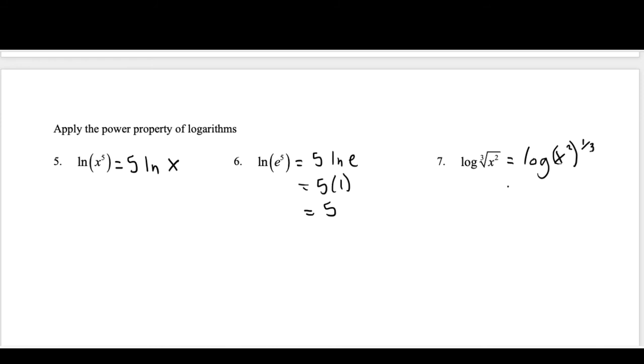And this is equal to log, you multiply the exponents, so x to the 2/3. And then the exponent can be written as the product of 2/3 times log x. So that would be the equivalent form.